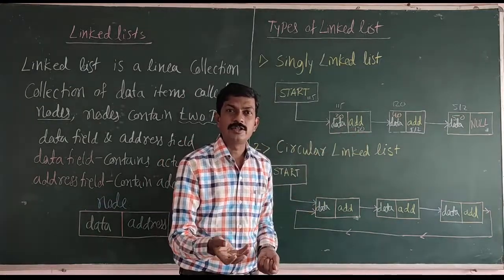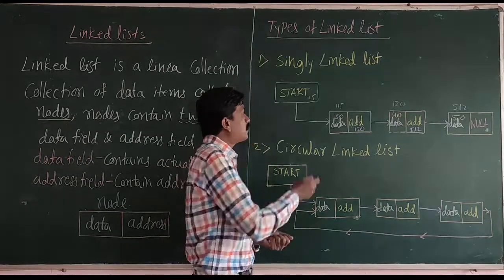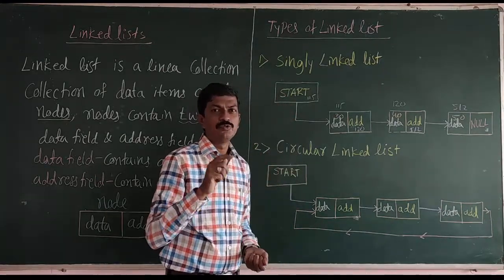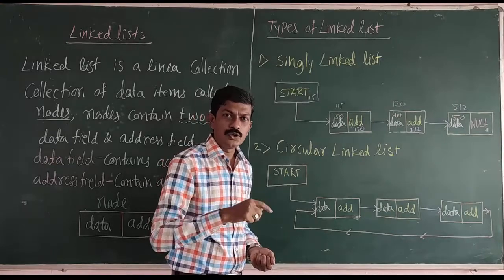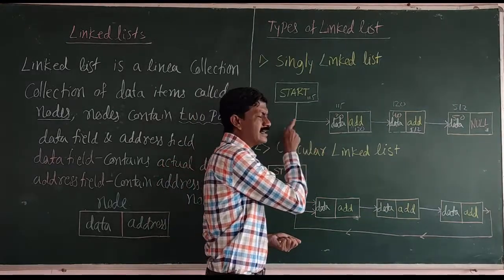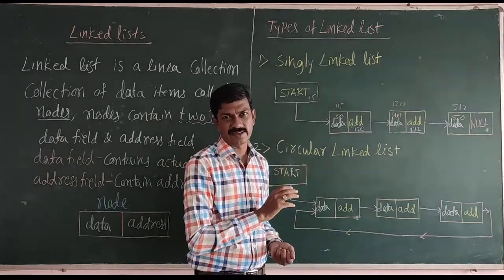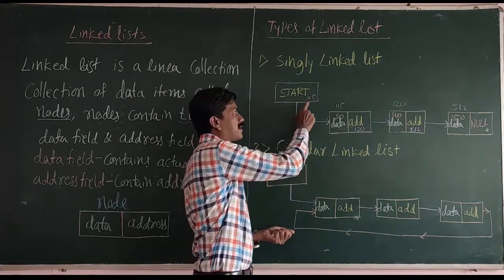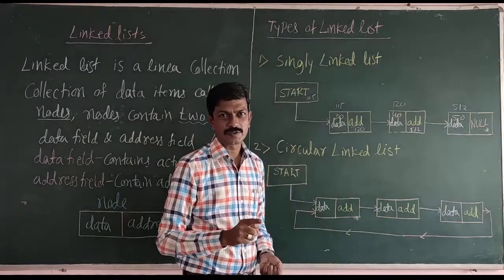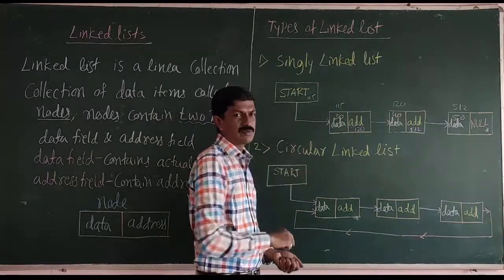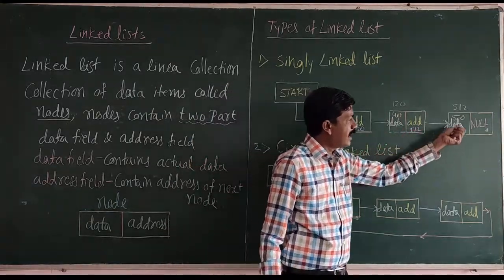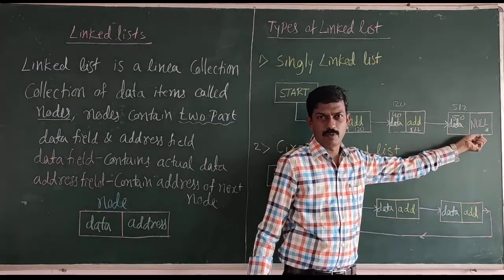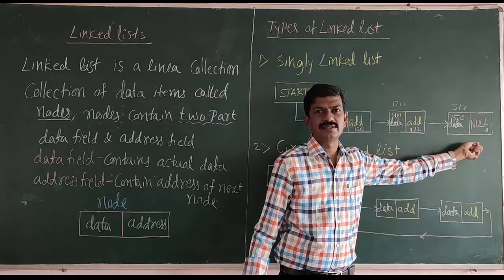From which node do we need to start? For that we need a start pointer, which tells us which node to begin with when looking into that data structure. That's why we require the start pointer. The start pointer contains the address of the first node, and the last node's address field contains a null pointer.